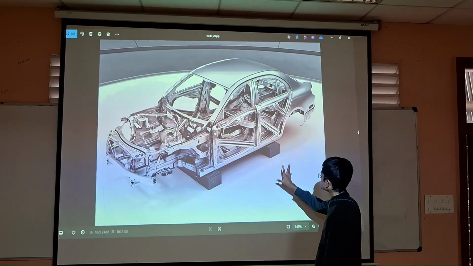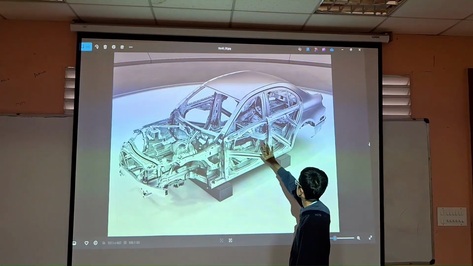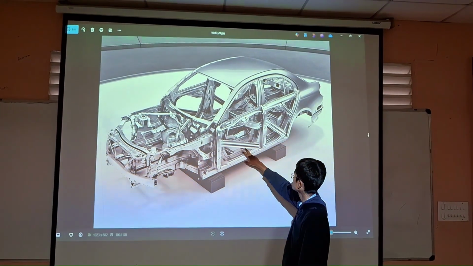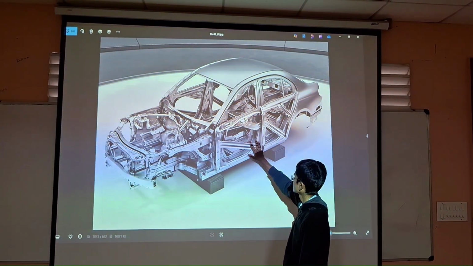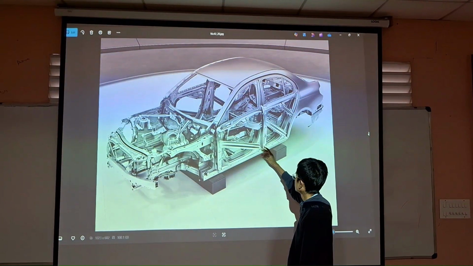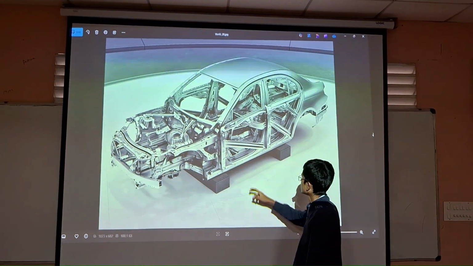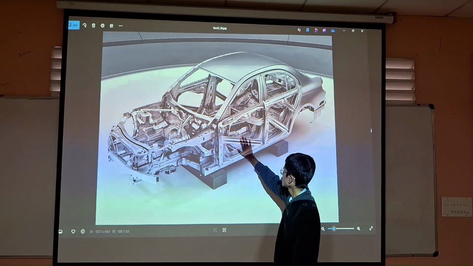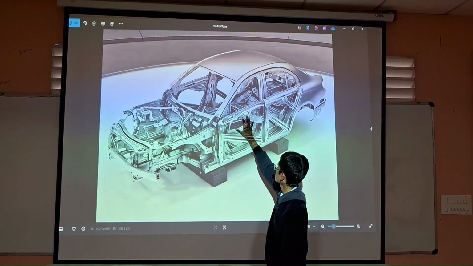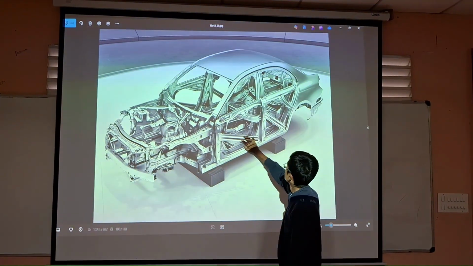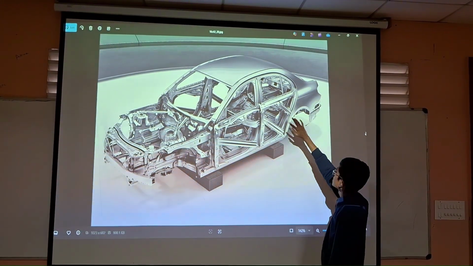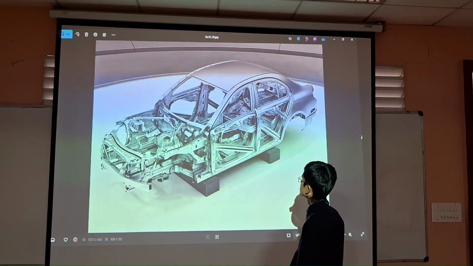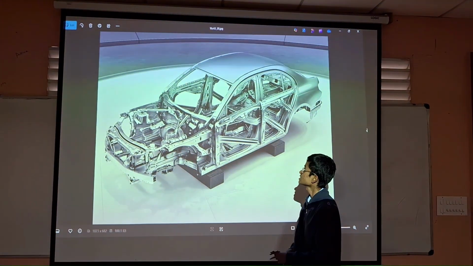In the side frame, we have the bash beams, which protect the side crumple zone where side accidents may happen. They absorb most of the shock from the impact of the other car and protect the passengers without deflecting. We also have a smooth roof over the top, which helps in reducing drag.